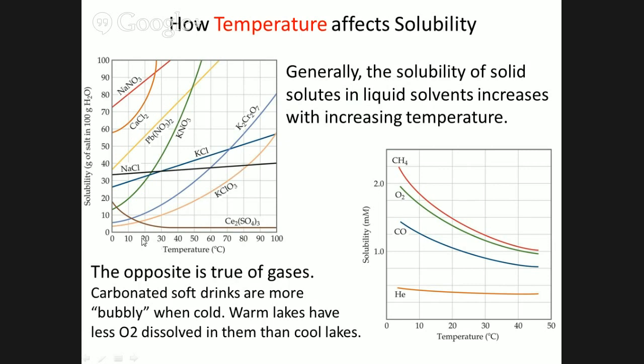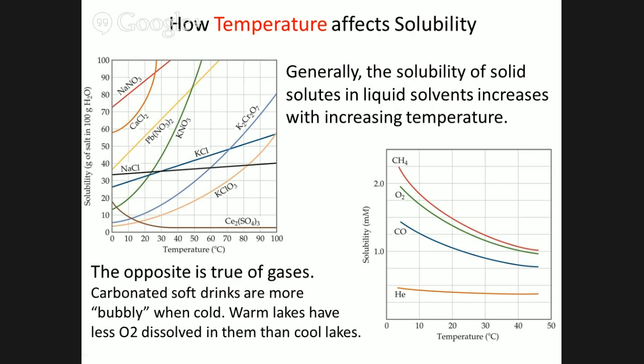Now, at the bottom here, we have temperature. On the side, we have how many grams can be dissolved per 100 grams of water. You need to think of this as sort of a proportion. So, for example, for this KClO3, potassium chlorate, at 30 degrees, I can dissolve 10 grams in 100 grams of water. So if I had 200 grams of water, then I could dissolve twice as much, 20 grams.